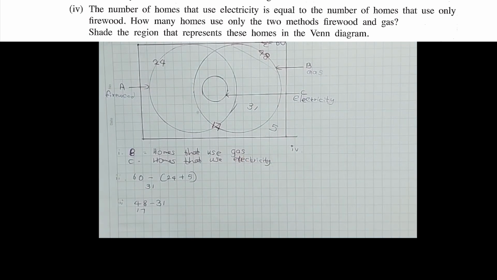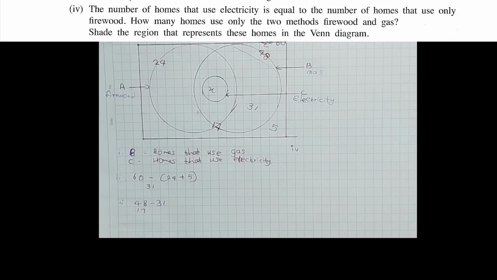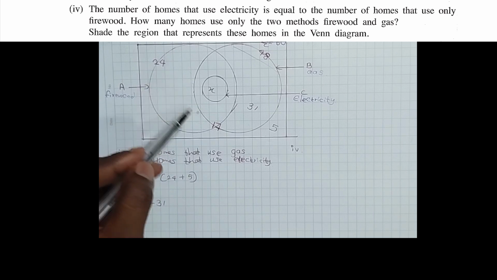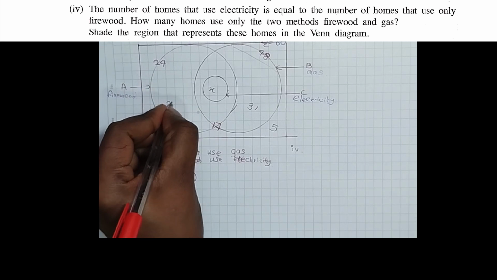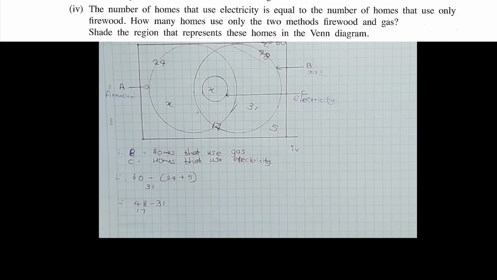The number of homes that use electricity is equal to the number of homes that use only firewood. It means if electricity is X, the number of homes that use only firewood, this region, is also X. These two are equal. How many homes use only the two methods, firewood and gas?